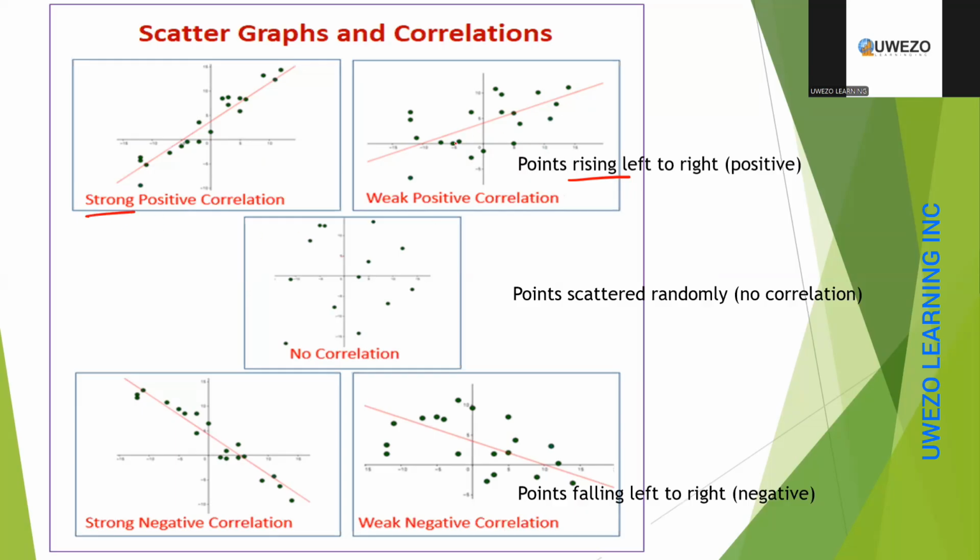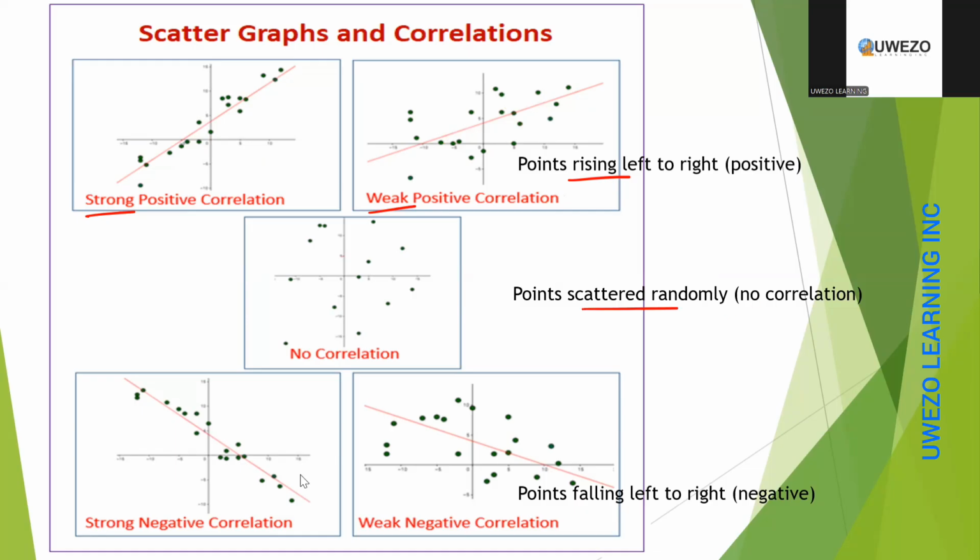Now, if the scattering is a little more and there are only a few points close to the line, then we have a weak positive correlation. And if the points are totally scattered randomly, then we have no correlation.